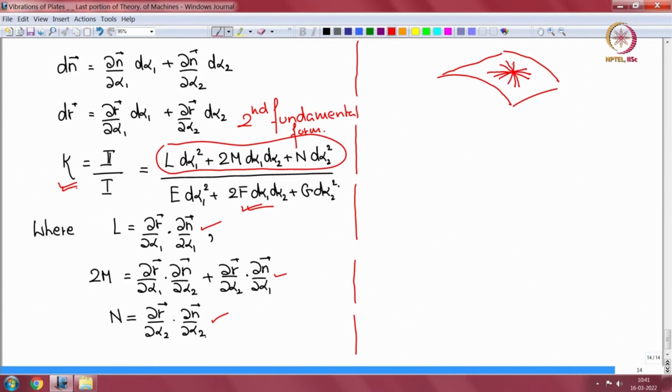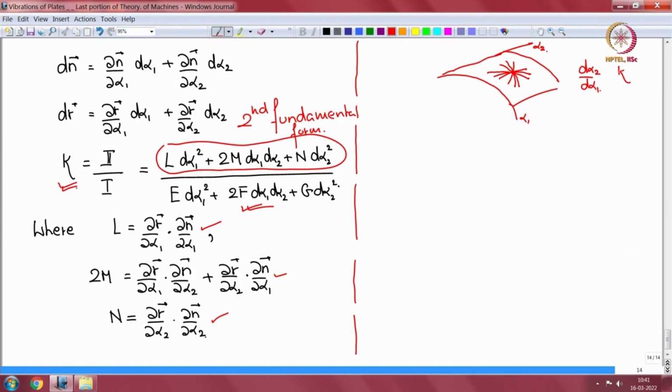So there are an infinity. Let's say this is my alpha 1 and that is my alpha 2. Based on the direction d alpha 2 by d alpha 1, I will get one kappa value.